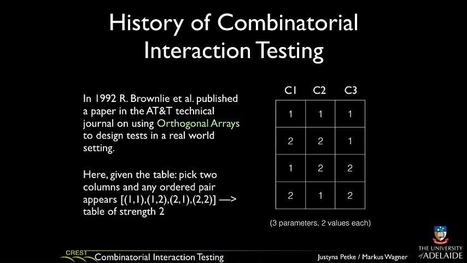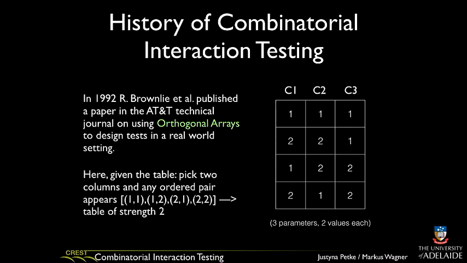And essentially, whenever you look at two of the parameters, or columns, let's say 1 and 2, 1 and 3, 2 and 3, in each case you always have the value combinations 1,1, 1,2, 2,1, and 2,2. So 1,1 here, for example, 2,1, 1,2, 2,2. Here 1,1, 2,2, 1,2, 2,1, and here 1,1, 2,1, 2,2, 1,2.